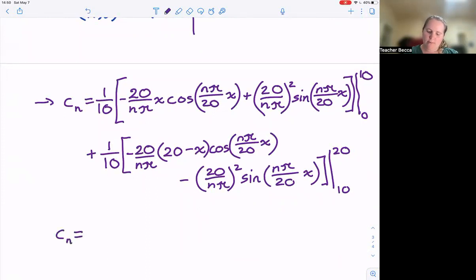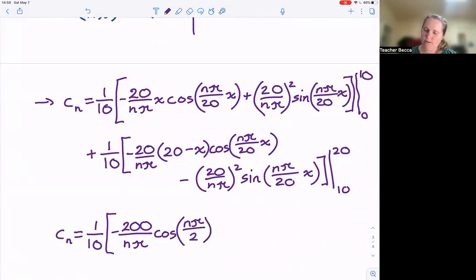So we have C sub n is equal to 1/10 times, plugging in 10 first, we would have a negative 200 over n pi times cosine of n pi over 2 plus 20 over n pi whole fraction squared times sine of n pi over 2.